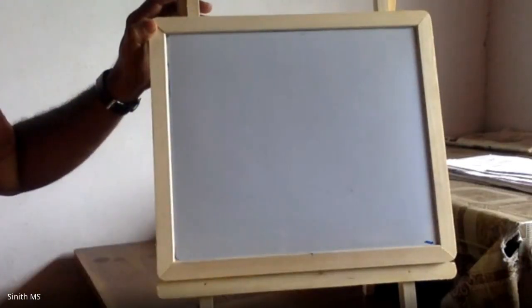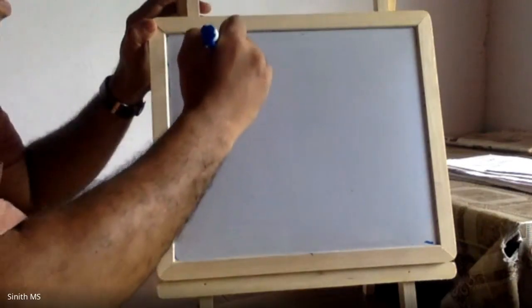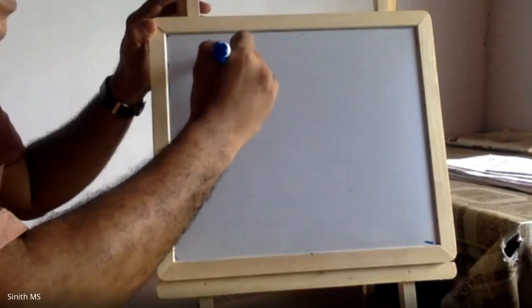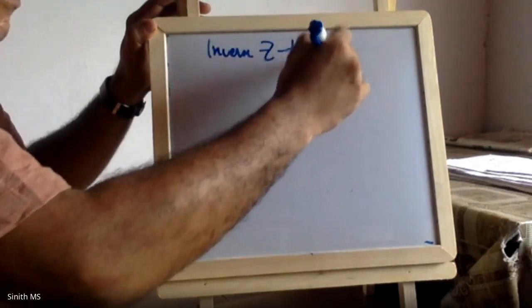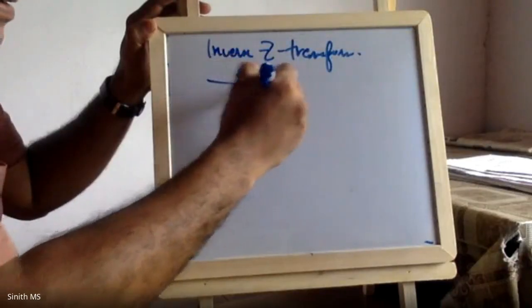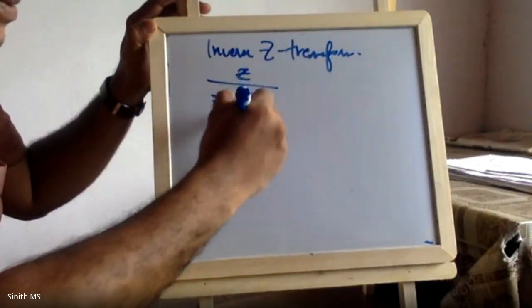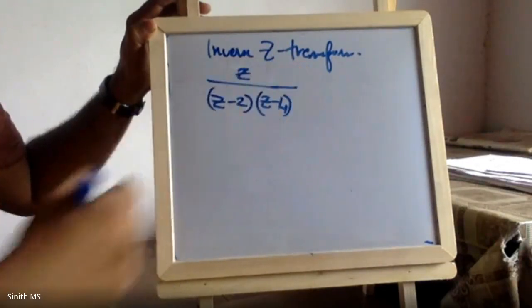You can try to solve this, try to find the inverse z transform of z by z minus 2 into z minus 4. You can use the same method.